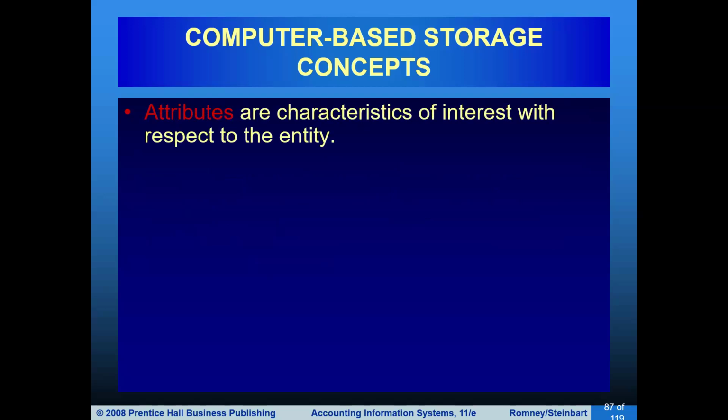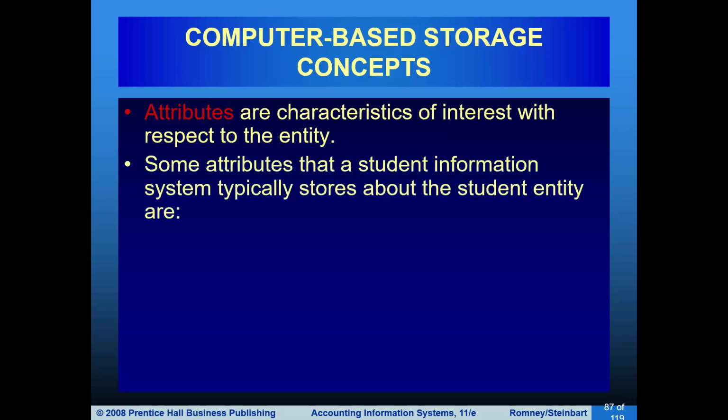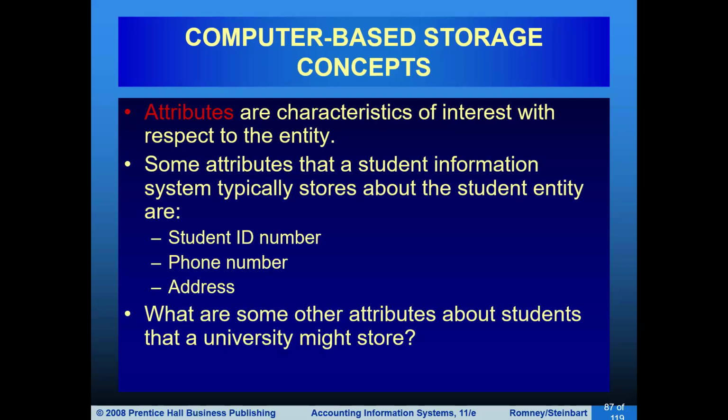Attributes are characteristics of interest with respect to the entity. Say the student's characteristics, attributes: his name, surname, telephone numbers, those are attributes. Some attributes that a student information system typically stores about the student entity are student ID number, phone number, addresses, etc. Student is an entity.